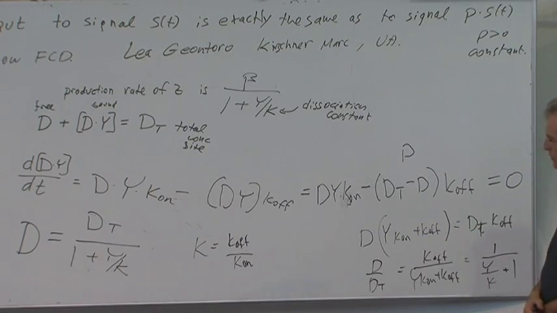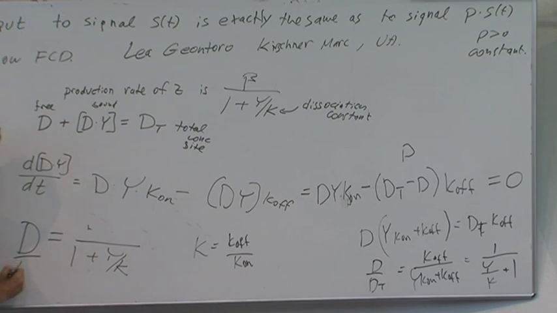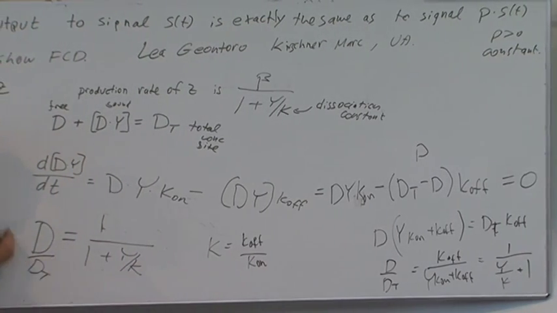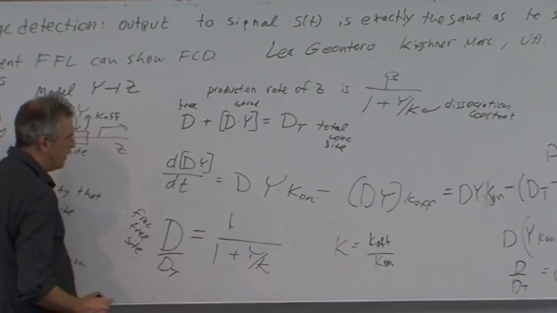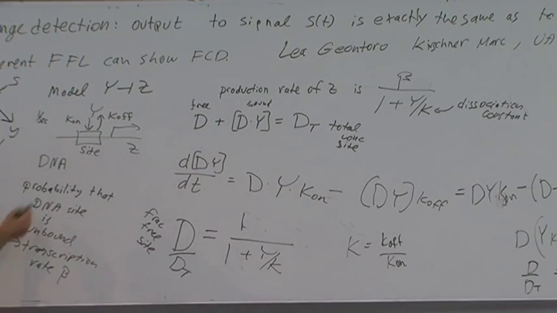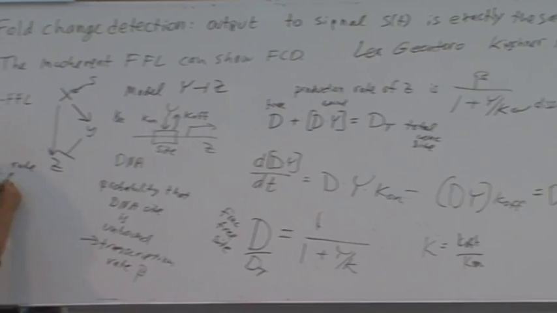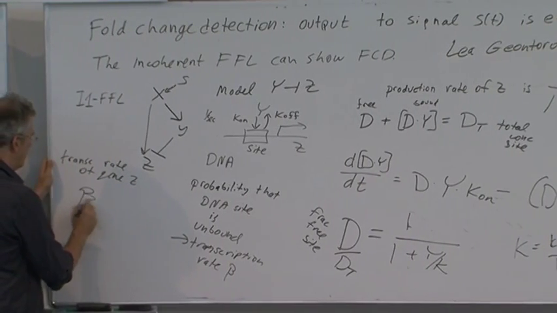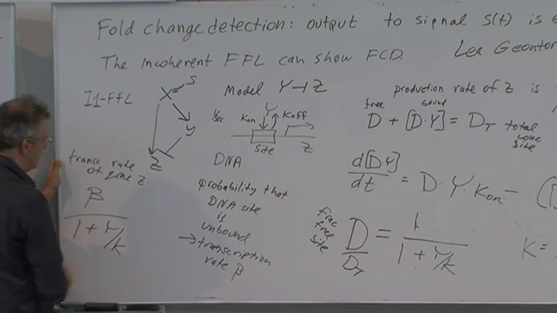Okay. So you can write, this is the fraction of free site. And the final answer is the transcription rate. The transcription rate of gene z is beta times this fraction. Great.